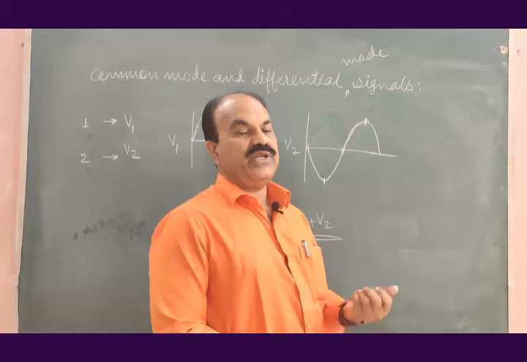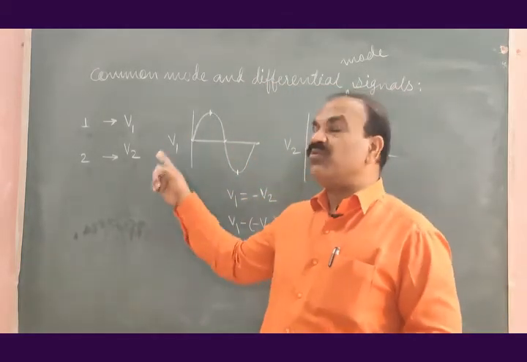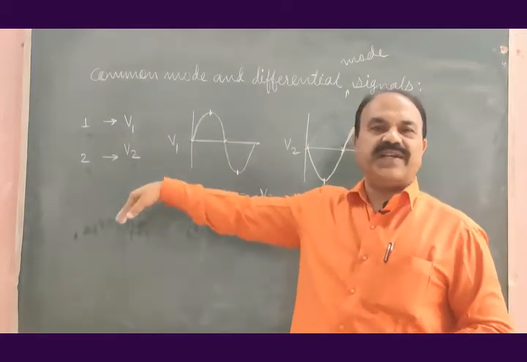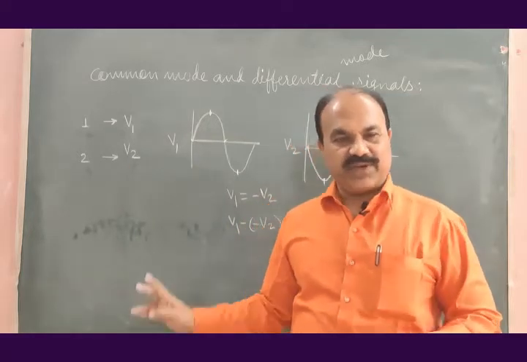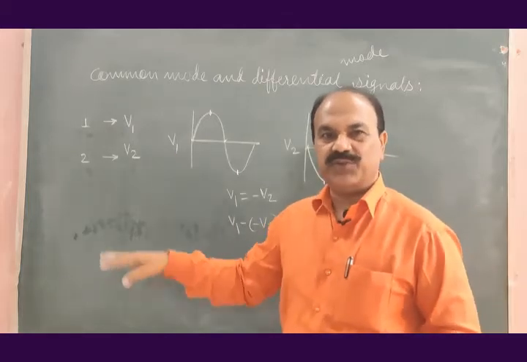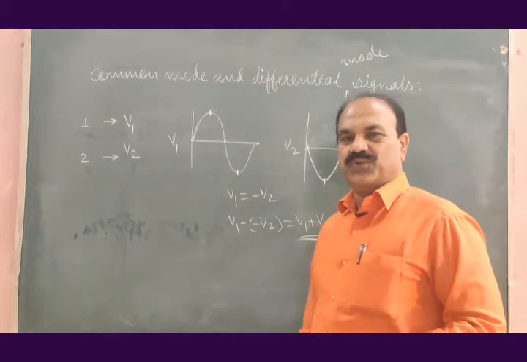The difference is not 0 here. The difference of the two input voltages is more than either of the voltages, more than V1, more than V2. It is more than V1, and also more than V2, because it is the sum of V1 and V2.